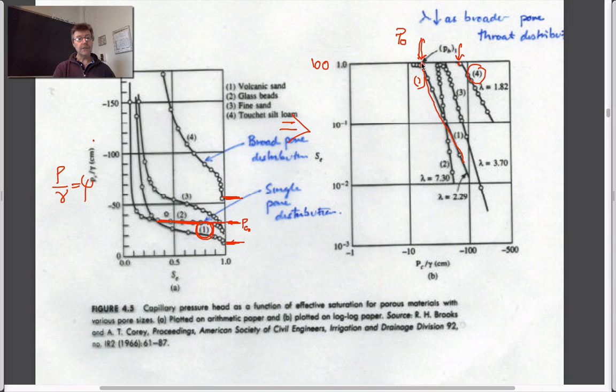So now, if you have a pressure where you get entry, and you increase the pressure a small amount to the right, all of a sudden you basically saturate the whole thing. And the one that fits that would be the one with the steepest curve. So this one here with the steepest, most vertical curve, you'd think has to be number 2. And it's this one here.